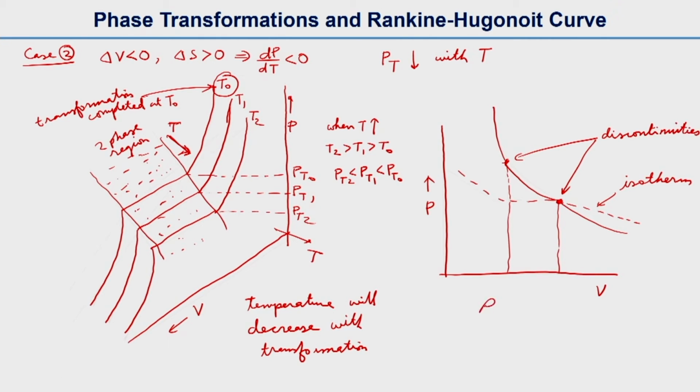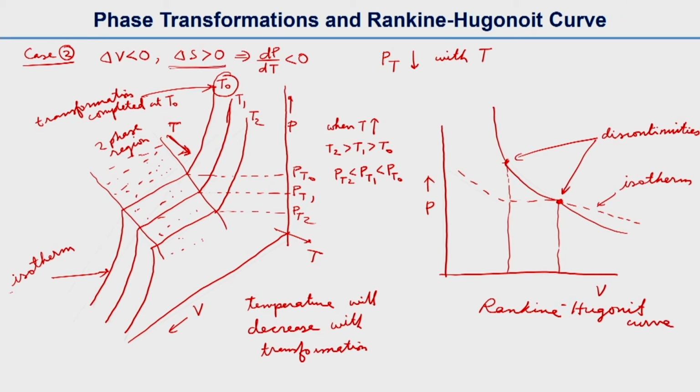As you can understand, we are drawing the Rankine-Hugoniot curve, and in the first case we were showing the isotherms. Here mostly these are isotherms. The Rankine-Hugoniot curve was probably difficult to draw in the first diagram, so we are showing it here, and we can see that there are two discontinuities. That is the difference with the first case where our entropy change is negative.